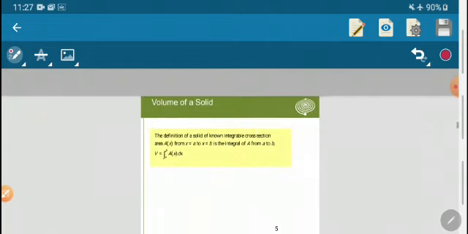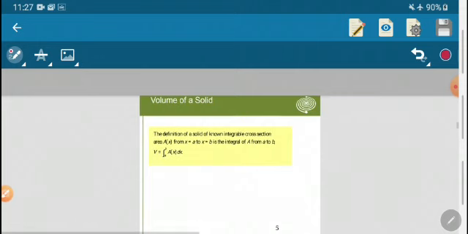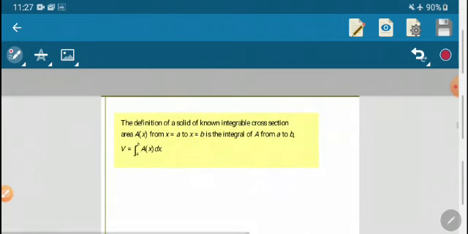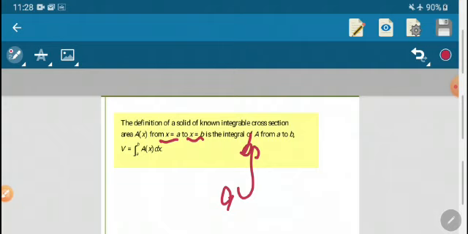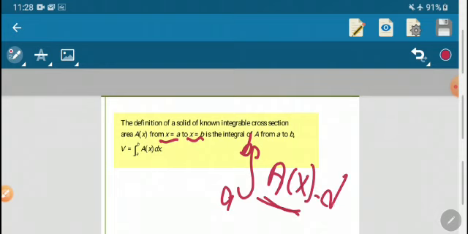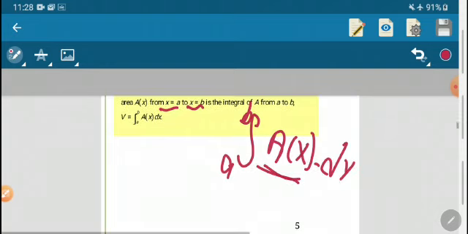First of all, how to determine the volume using cross sections. Please don't be worried. We have to integrate from the initial point of x to the terminal point of x for the function, or the area, into dx. It's too easy.